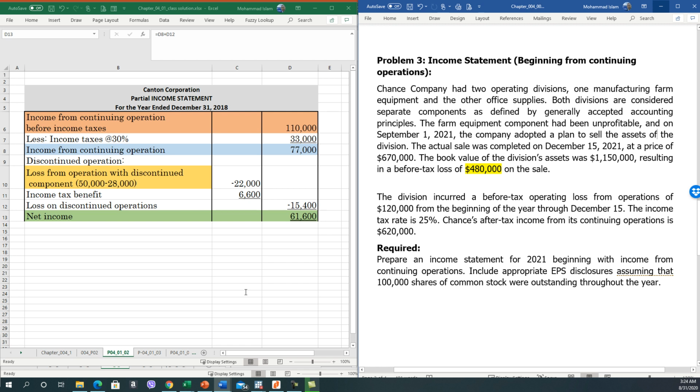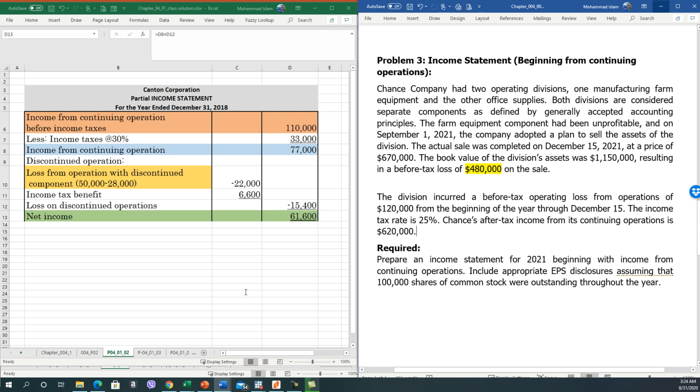The book value of the division's assets was 1,150,000, resulting in a before tax loss of 480,000 on sale. The division incurred a before tax operating loss from operations of 120,000 from the beginning through December 15. The income tax rate is 25%.